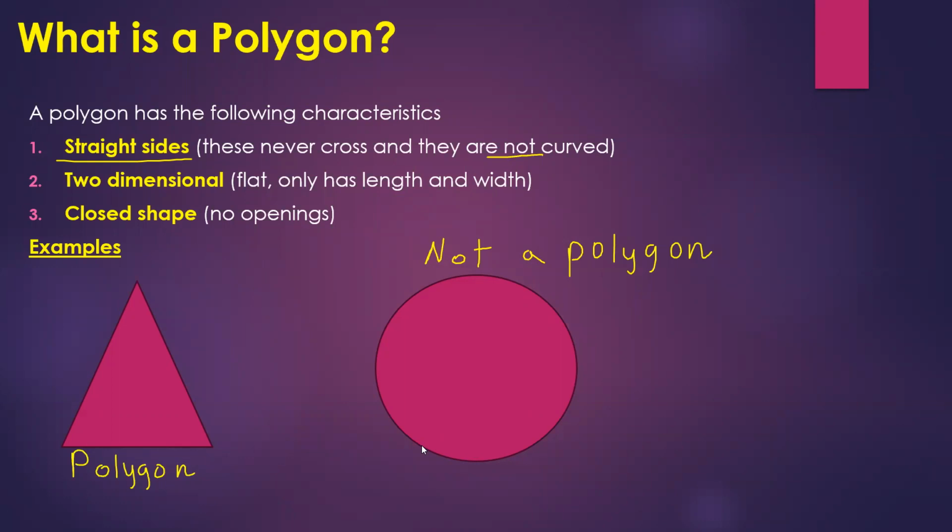Because it have sides. It has straight sides. And what else? It is what? The F word. Is it three-dimensional or is it flat?